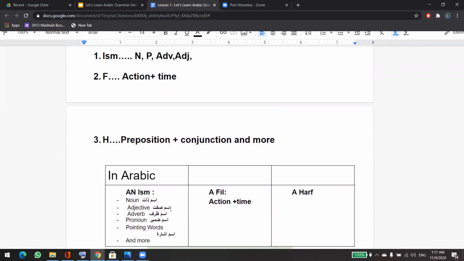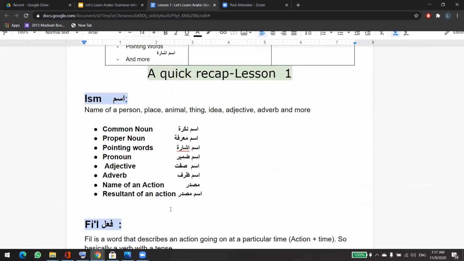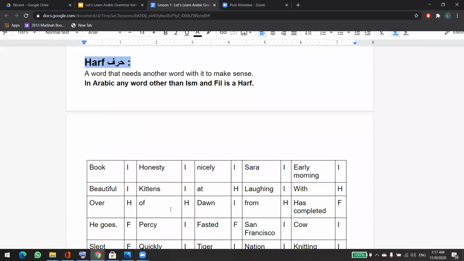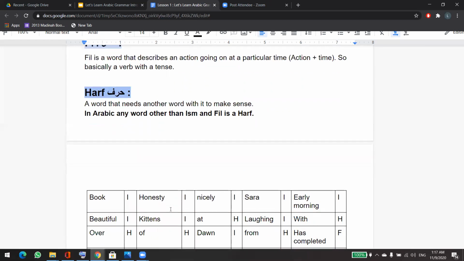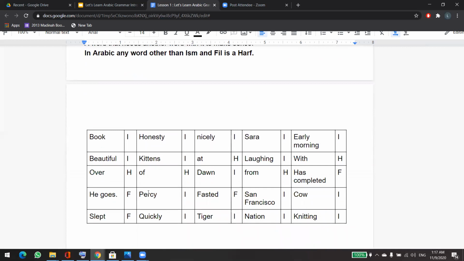So that's the first lesson, but there is an exercise for lesson 1. Actually, this exercise is already done with another group, but you can see, like, book is the name of a thing, right? So ism. Honesty is the idea or the abstract noun.